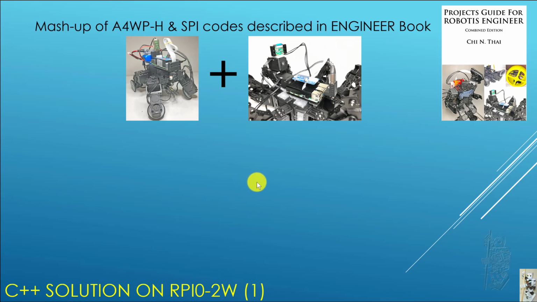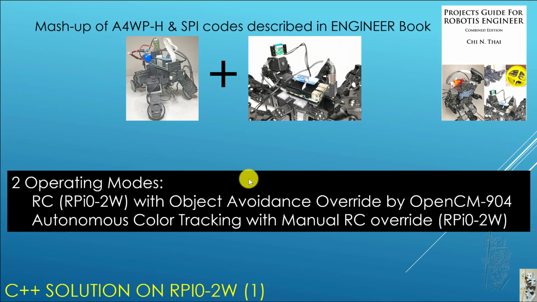I plan to allow the new A4W-H to have two operating modes. One mode is remote control via the keyboard on the RPi0-2W, just regular manual remote control, but the OpenCM904 can override for the obstacle avoidance feature.